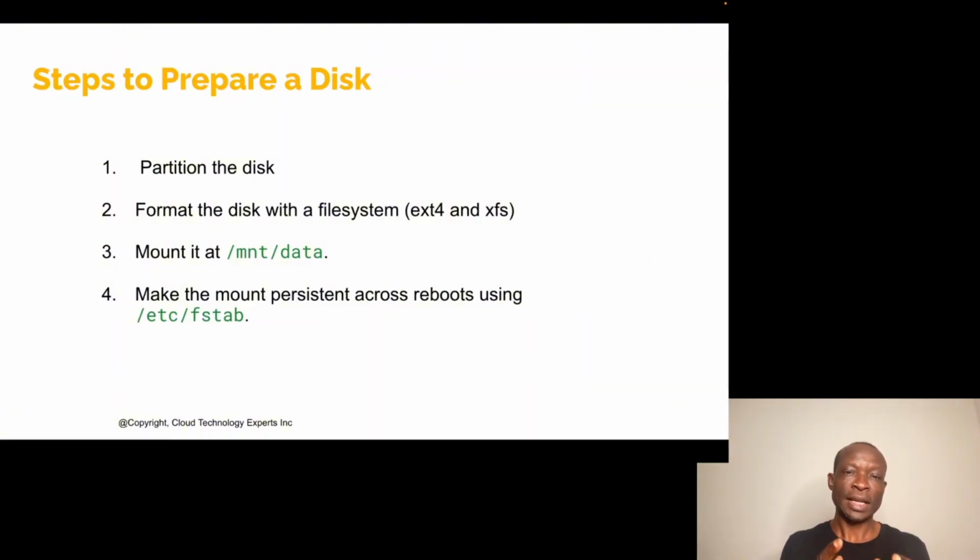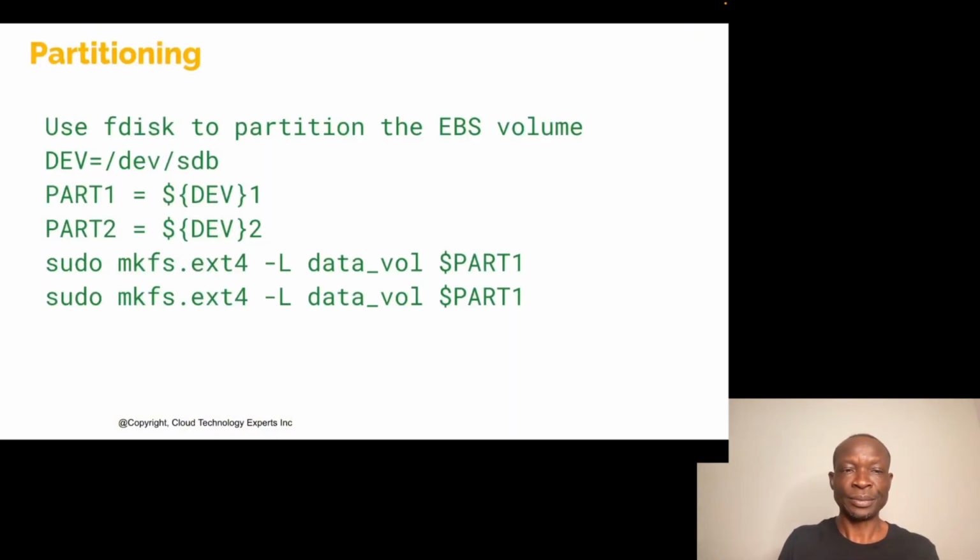So these are the steps to prepare a disk to enable Linux to use it. In a way, it's not only Linux. Almost every operating system follows the same format, but I put them here to remind you. I mentioned them earlier. You need to make sure you partition the disk, then you format the disk, and then you mount it, and then you make the volume persistent by putting the information in /etc/fstab.